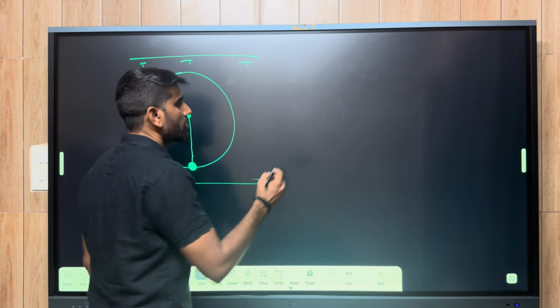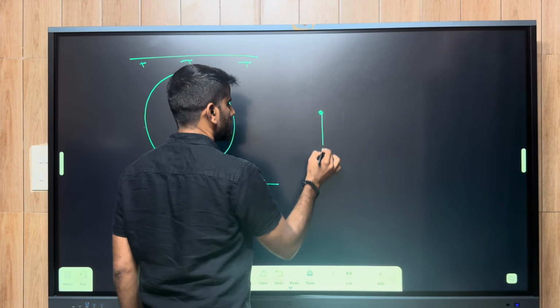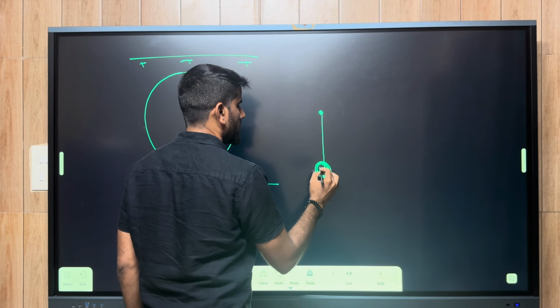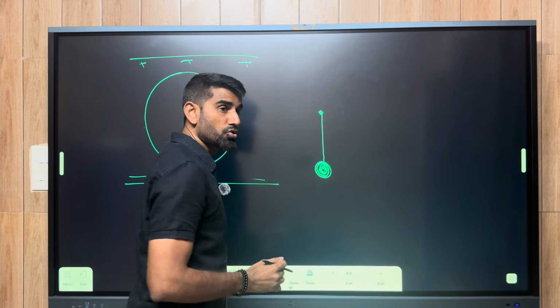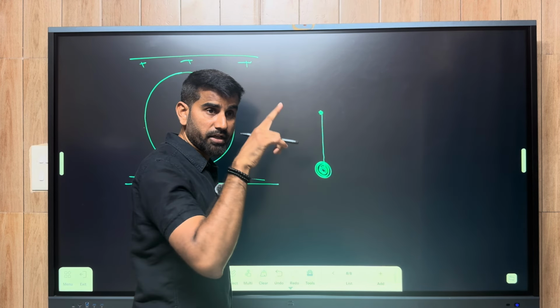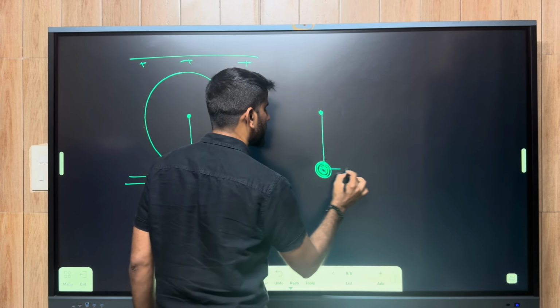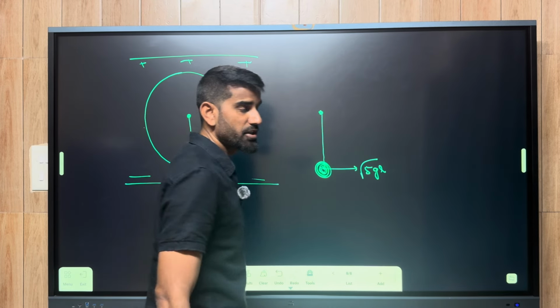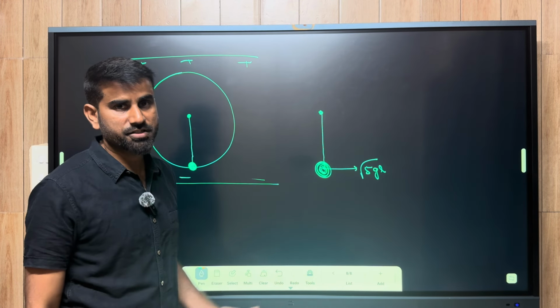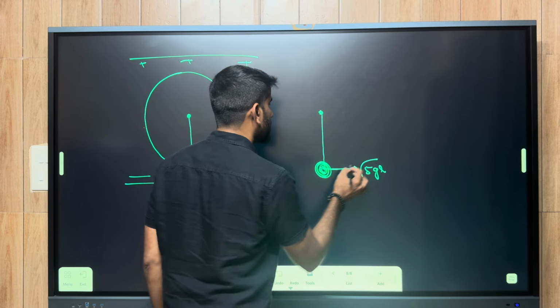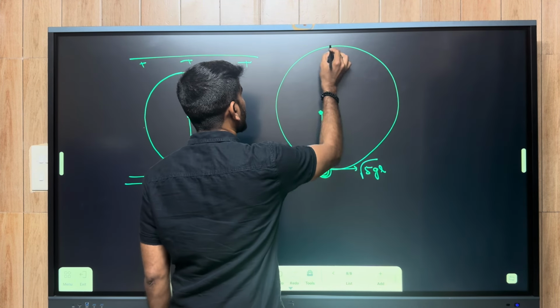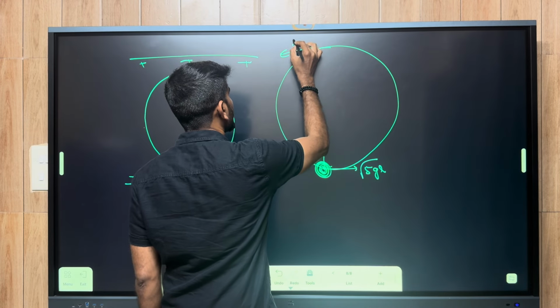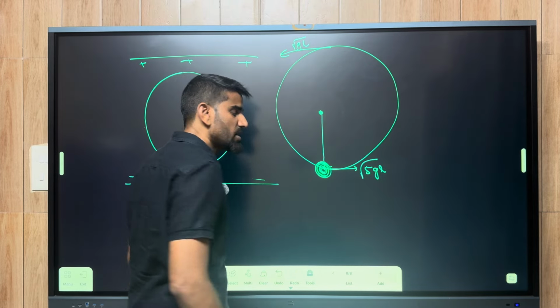Now, as we all know, for a particle to travel the entire vertical circle, the minimum velocity required at the bottom is root 5gl. We call this velocity the critical velocity at the bottom, and as it moves in the vertical circular motion, the velocity required at the top is root gl, right?